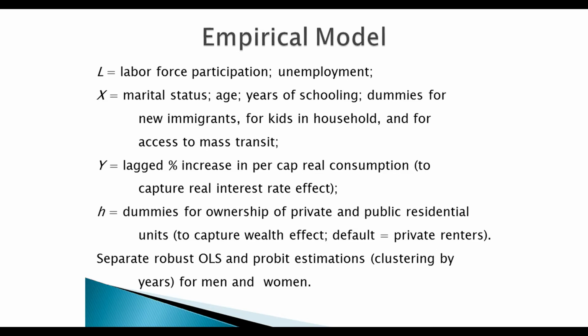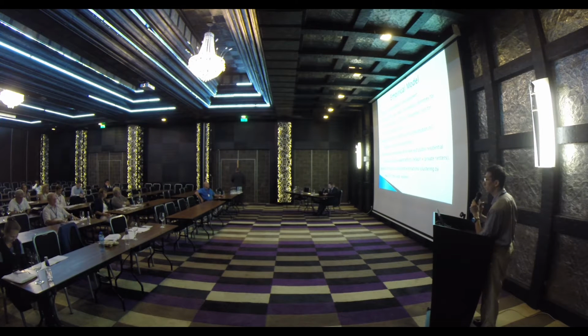So marital status, age squared, years of schooling squared, etc. And Y, we're including only one macroeconomic variable. That would be the percentage increase in per capita real consumption. That's to capture the real interest rate, and that in turn is to capture the intertemporal substitution effect that affects the labor supply behavior.